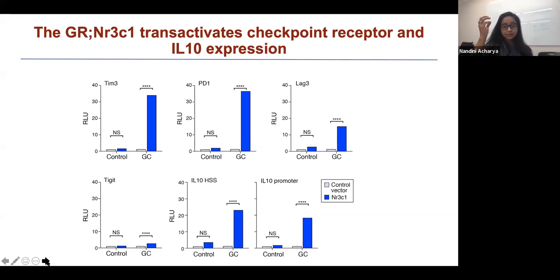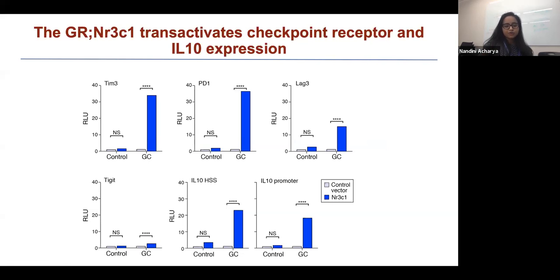We transfected 293T cells with luciferase reporter constructs for TIM3, PD1, LAG3, TIGIT, or IL-10, and also transfected either vectors encoding NR3C1 or control vectors, treated them with glucocorticoid, and assayed for the transactivation ability. And what we found was that the glucocorticoid receptor indeed transactivated the expression of all the checkpoint receptors analyzed and also that of IL-10.